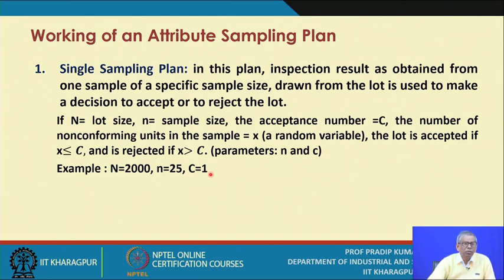Obviously later on when you discuss the design of the sampling plan, you will come to know, under a given stipulated condition, how to select the value of small n and the value of small c given a lot size, capital N.